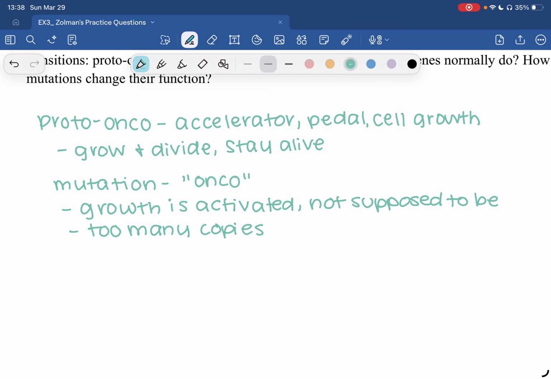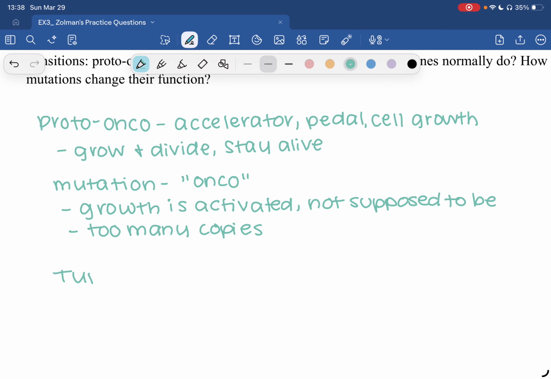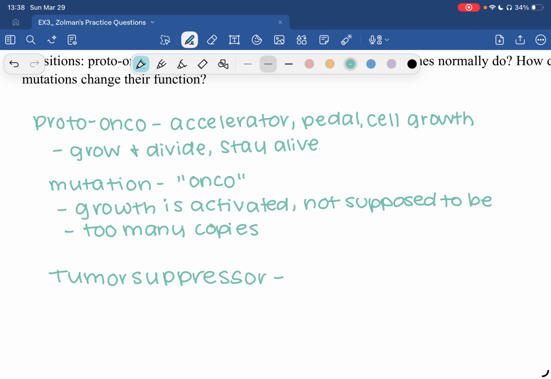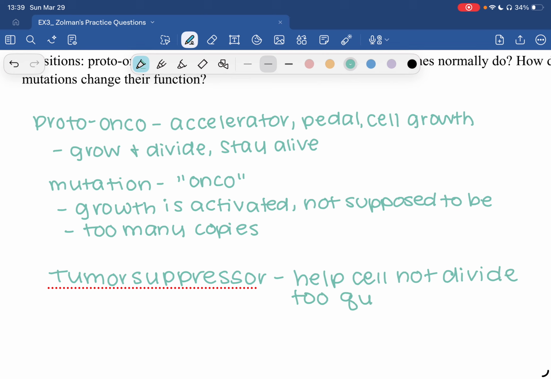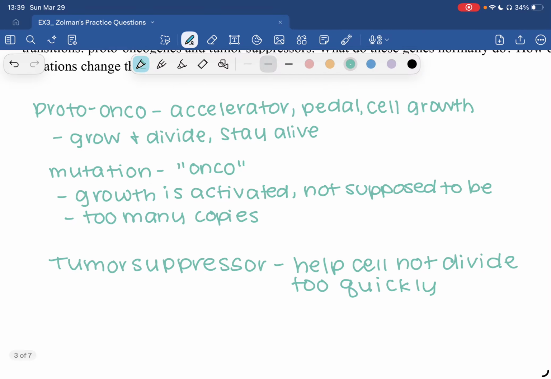And then on the other hand, you have tumor suppressor genes. Regularly, these help keep the cell from dividing too quickly. So normally, it acts as the brake for cell growth.